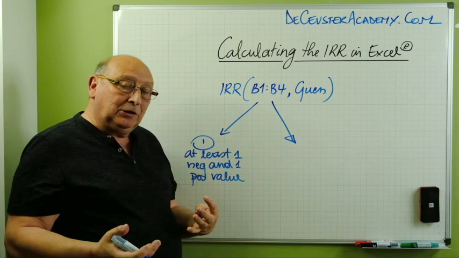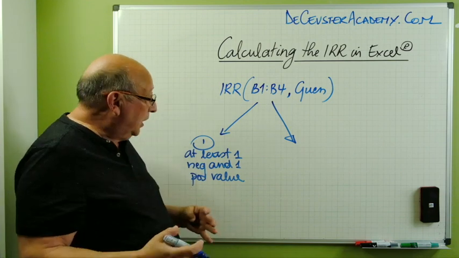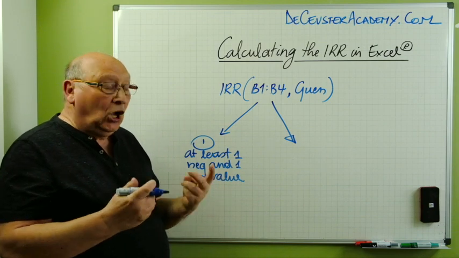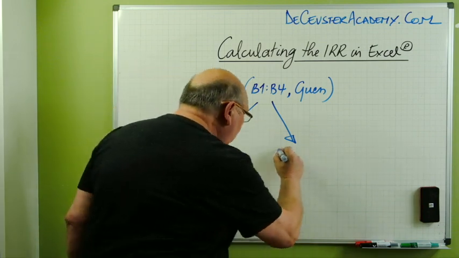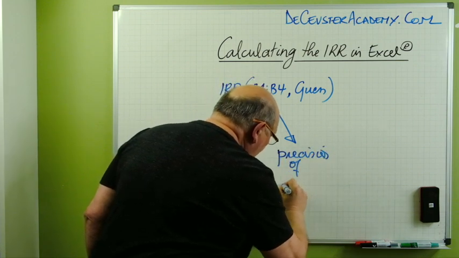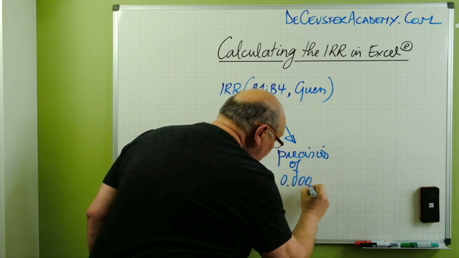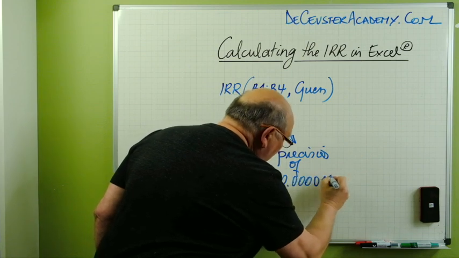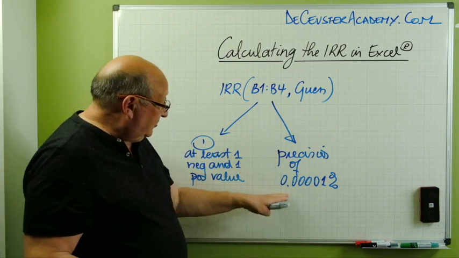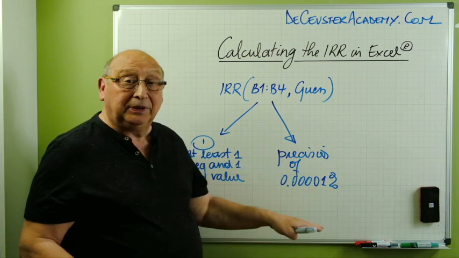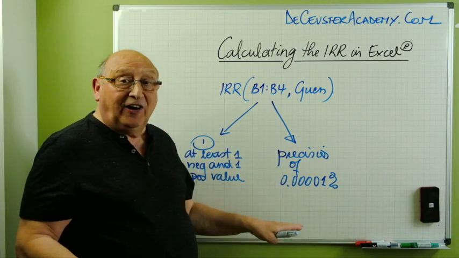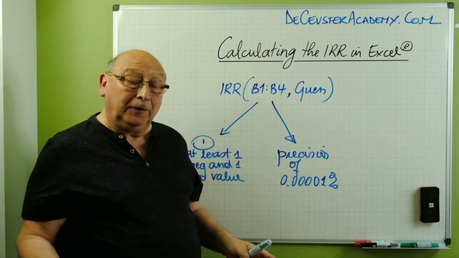estimations. It's a mathematical technique that we can talk about, but basically what they're doing, they're always narrowing the interval until there is a precision of 0.00001%. So when we reach a precision of 0.0001%, Excel will say that we found the internal rate of return.